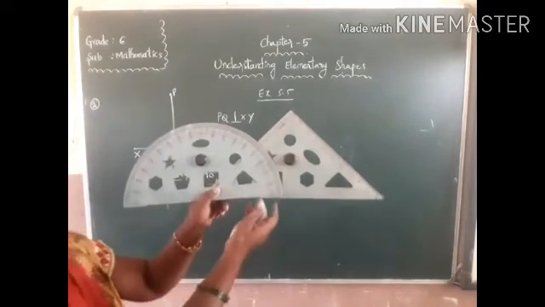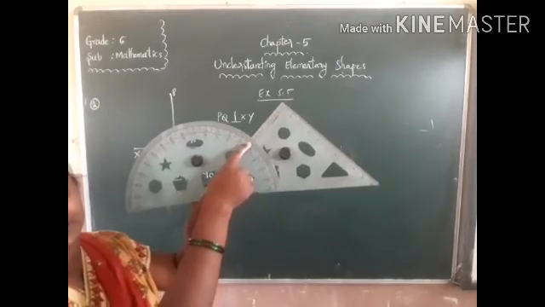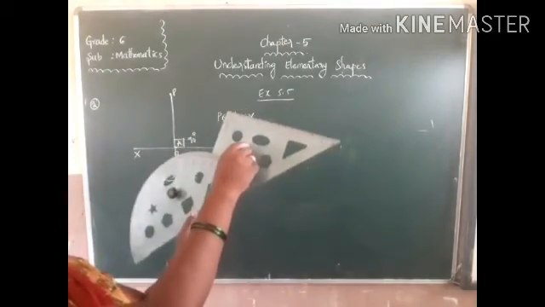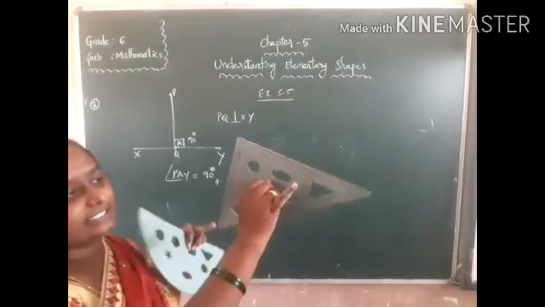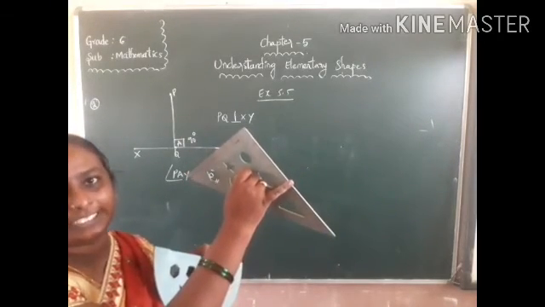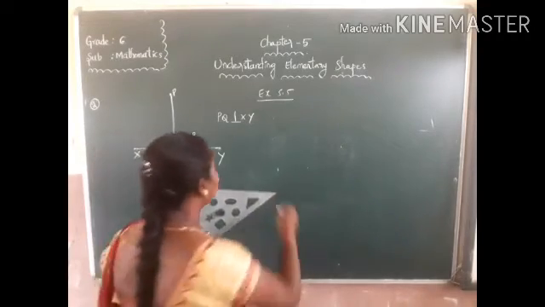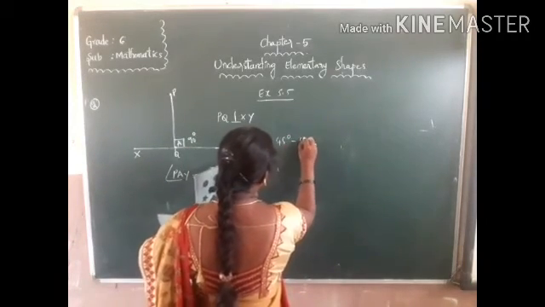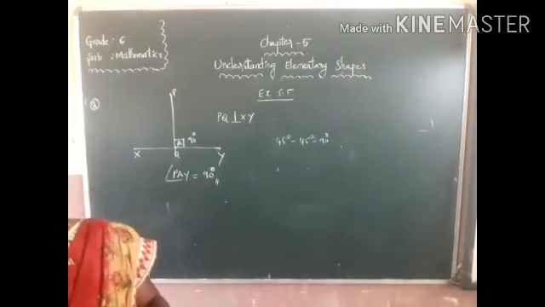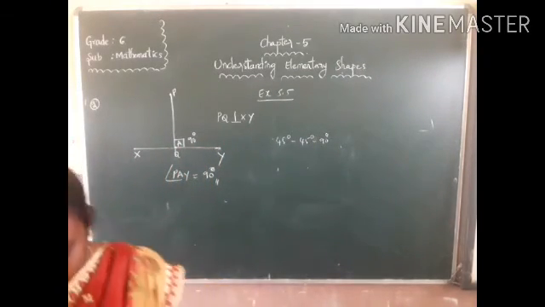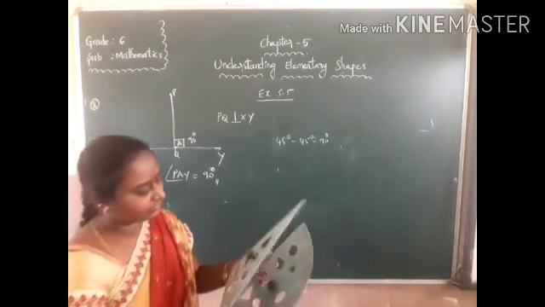Observe, yes, it is 45 degrees. In this set square, one angle is 90 degrees and the other two are 45 degrees and 45 degrees. The name of this set square is 45, 45, 90. And one more set square you have.